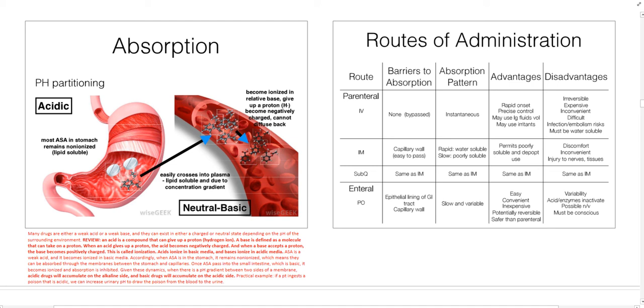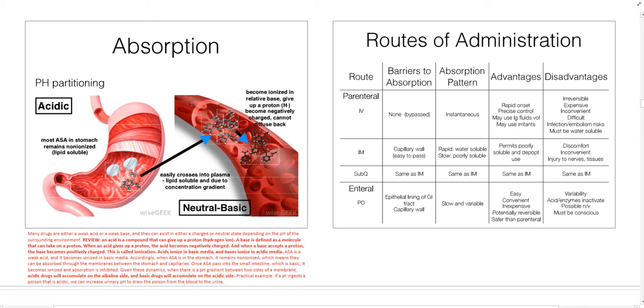Once in there, the aspirin is going to give off a proton, and when it gives off that proton, it becomes ionized. And so it's not going to be able to leave the blood vessels and just flush out to wherever it wants. It has to stay in the blood vessels at that point.